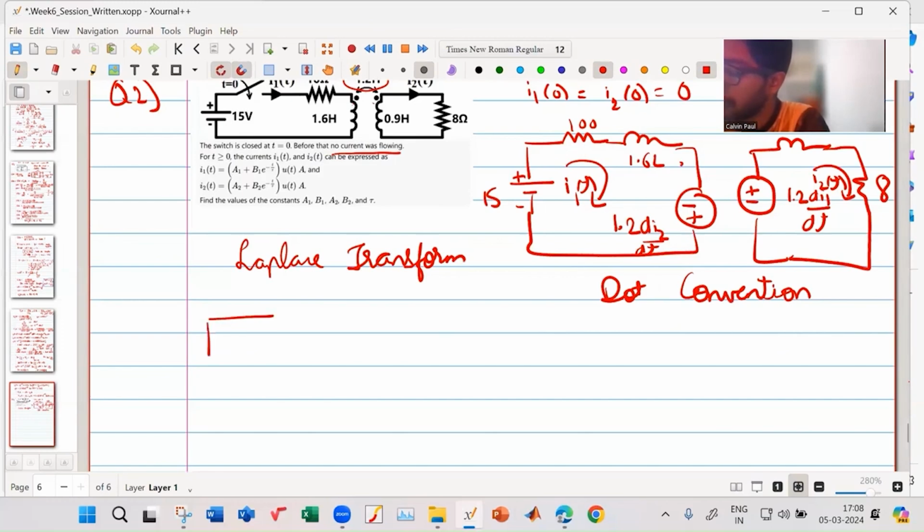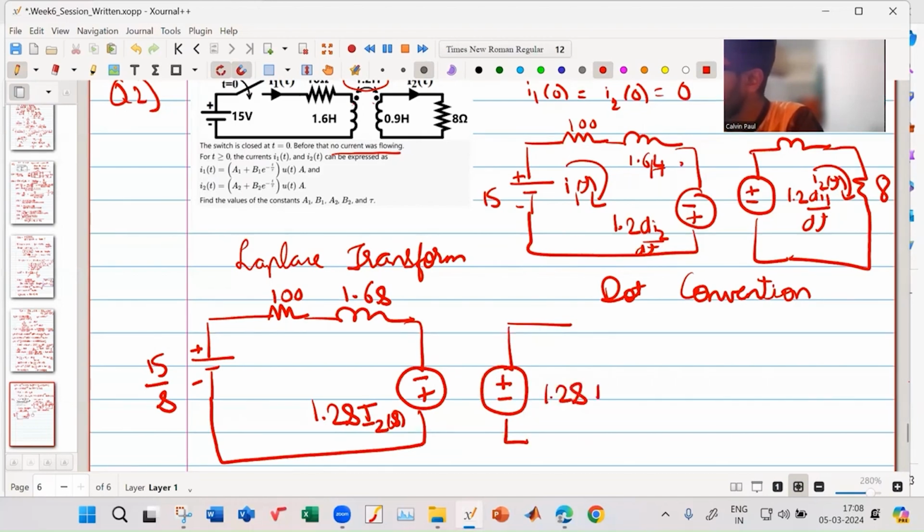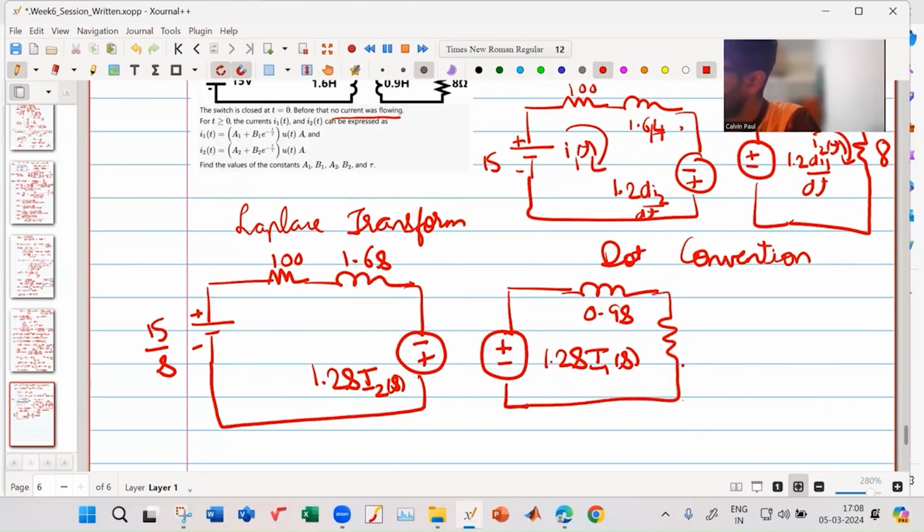This 15 volts will be replaced by 15 upon S. 100 ohm will remain as it is. 1.6 Henry will be represented by 1.6 S. This will be represented as 1.2 S into I2 of S. Over here, it will be represented as 1.2 S into I1 of S. This is 0.9 S. And this is my I2 of S. This is my I1 of S. So is this transformed circuit clear?